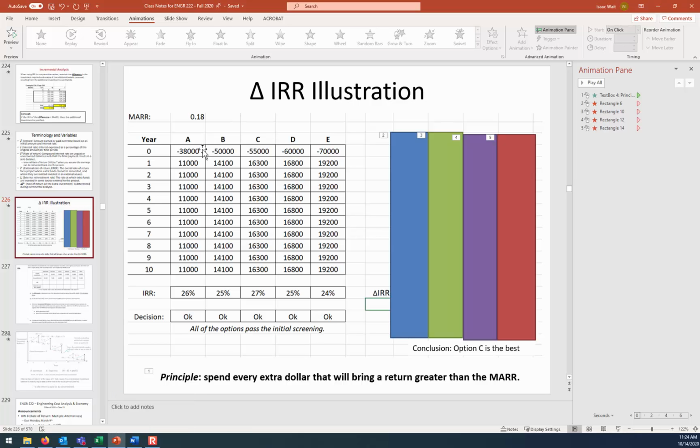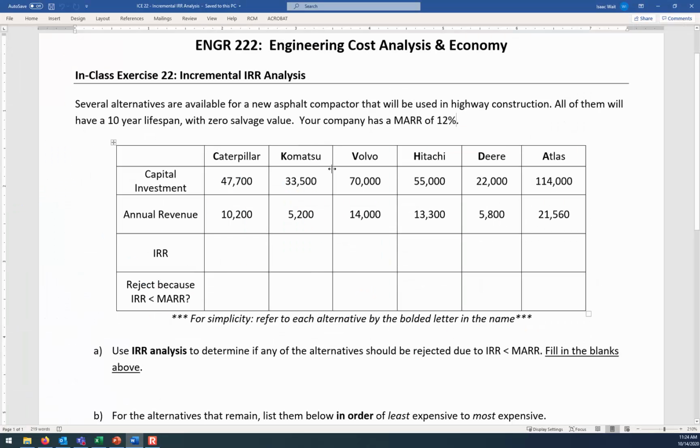And by the way, these options were called A, B, C, D. In this example, don't call it A, B, C, or D. Call it C, K, V. You know, they're actually like the letter that corresponds to its actual name.